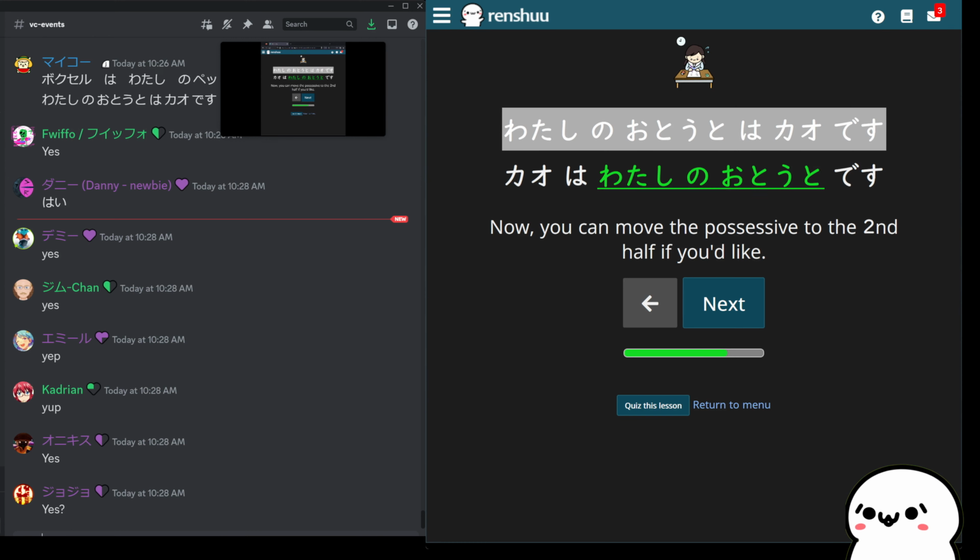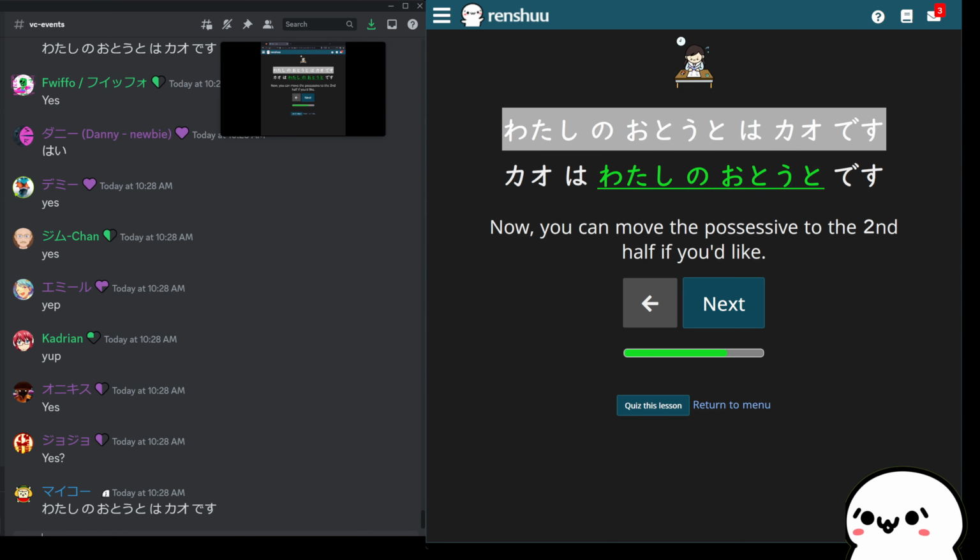So going back to the sentence that we had there, watashi no ototo wa Kao desu. If we were literally translating it as close as we could, we'd say my younger brother is Kao. And that works.